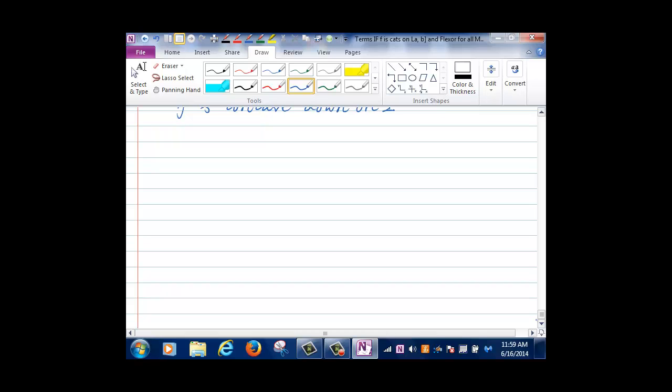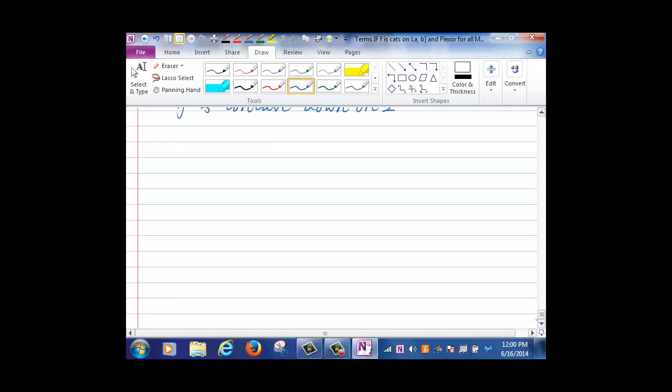Well, the first derivative will increase on an interval if the second derivative is positive there, right? Because the second derivative is the derivative of the derivative function. So wherever the second derivative is positive, the first derivative would be increasing, which would mean that the function is concave up.